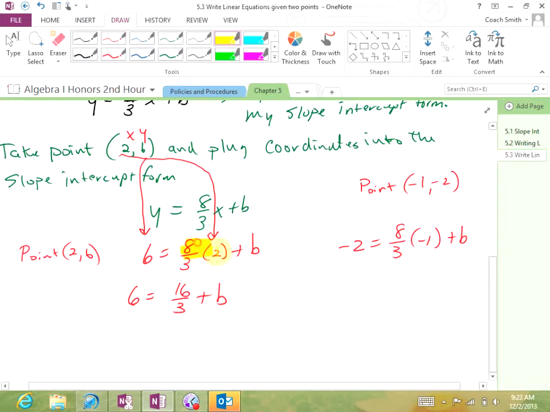Okay, all I did is that right there. That's where I came up with 16/3. Just multiplied it out. Okay, now I have to take the 16/3 over to the other side. Okay, that gives me b equal 6 plus -16/3.